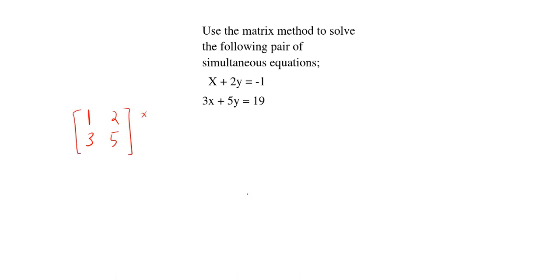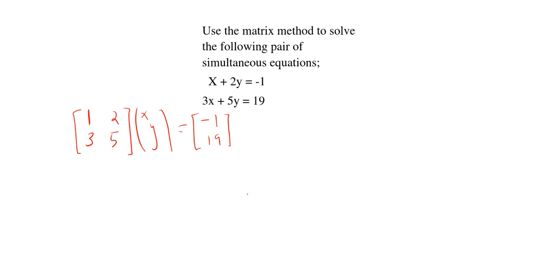Then you follow with xy, and this should be equal to -1 and 19. Then the other thing you do, you find the inverse of this matrix, then you multiply with it on both sides, left hand side and the right hand side.